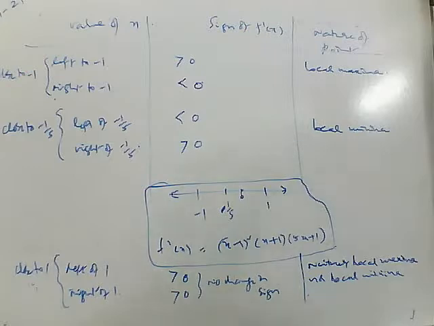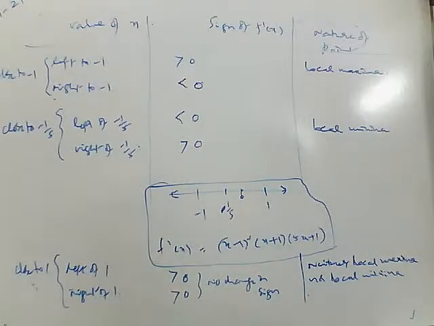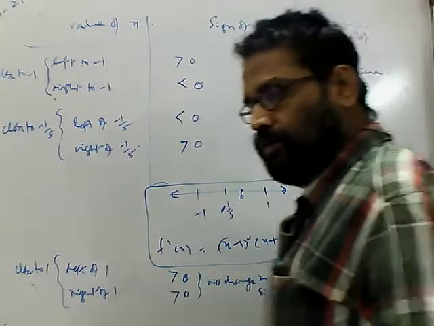If the function is differentiable for the second derivative, we can go for the second derivative test. That we'll discuss tomorrow, with examples. Also absolute or global maxima and minima we'll discuss tomorrow.